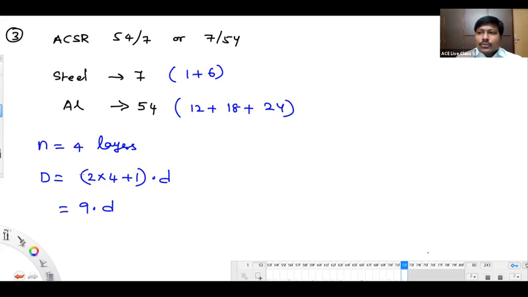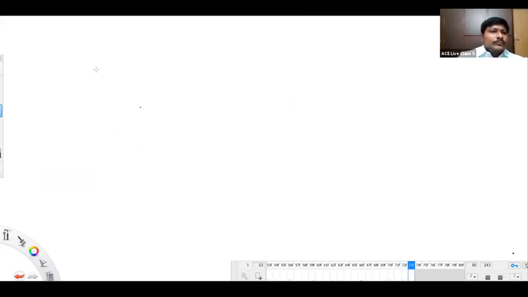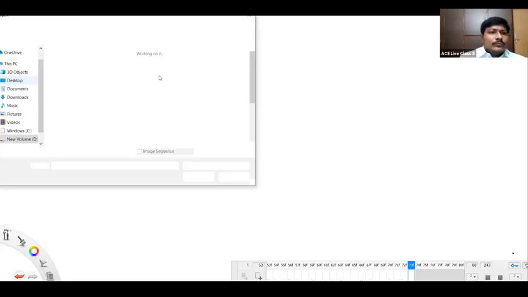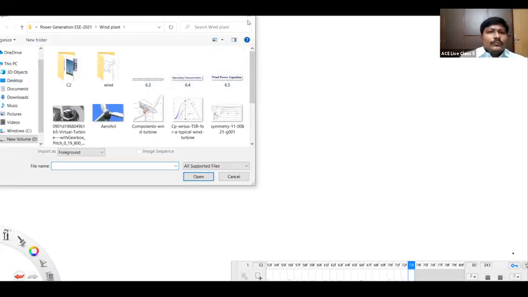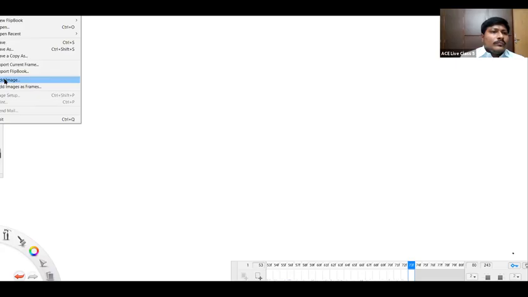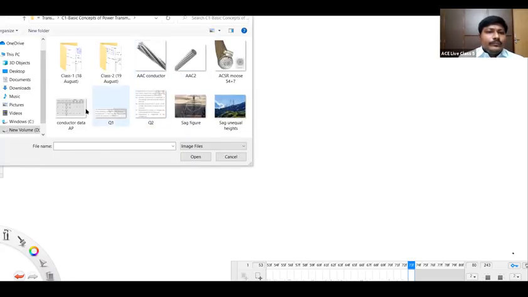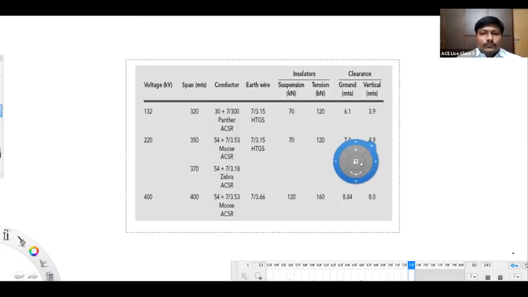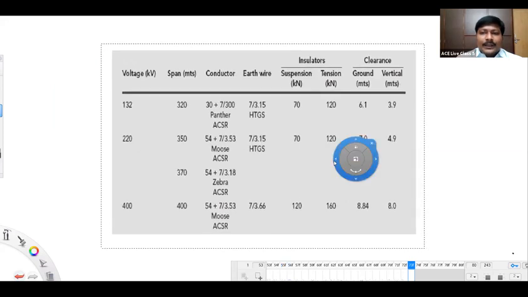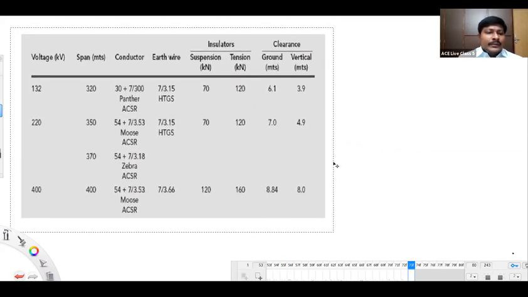So now I will try to show you that practical data sheet of these ACSR conductors. Just look at in the next slide. With the courtesy of AP Transco, we are displaying this slide.